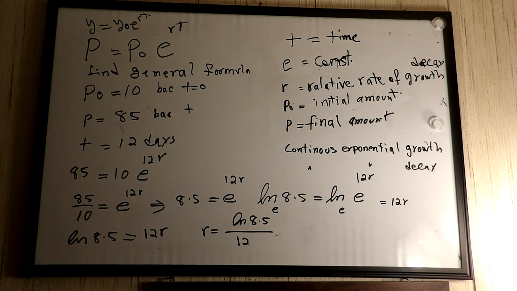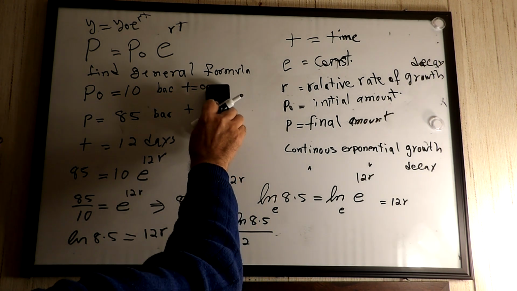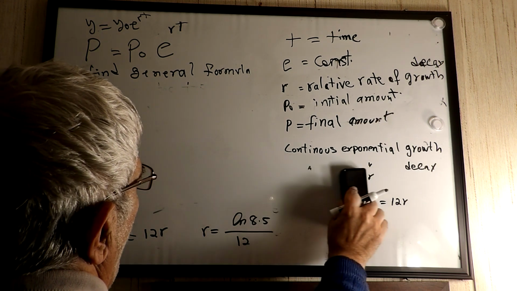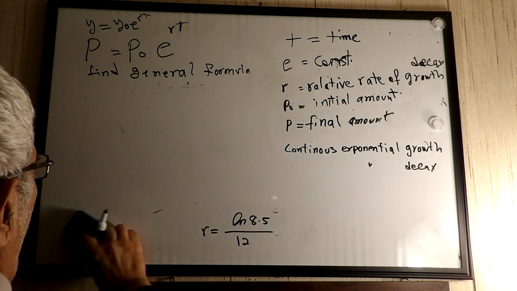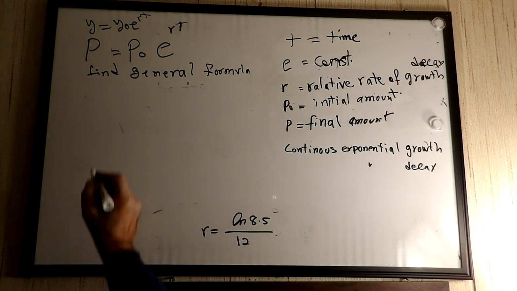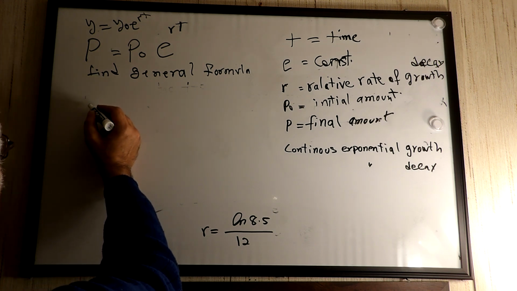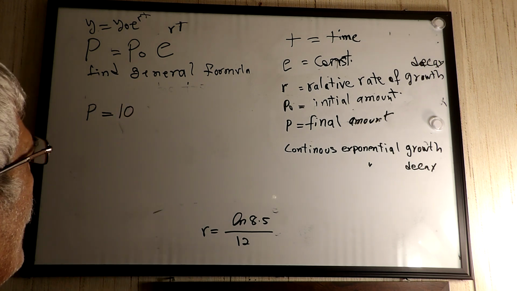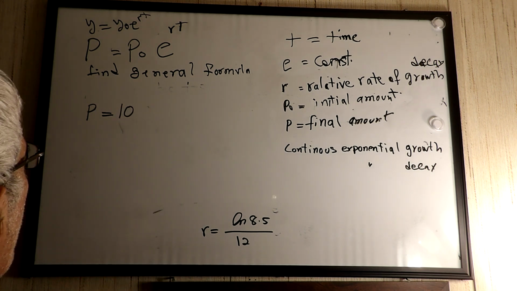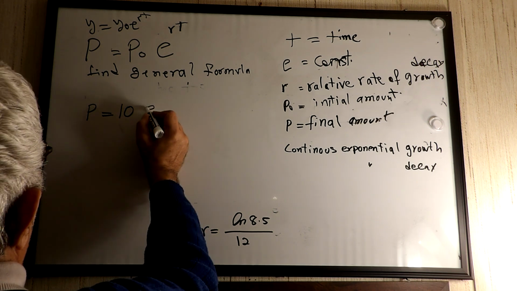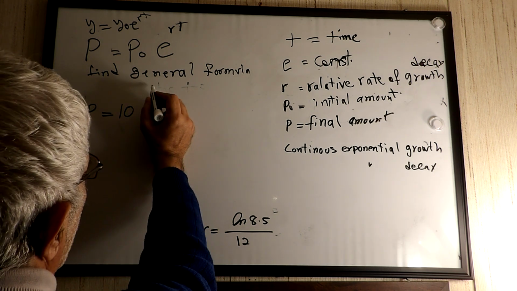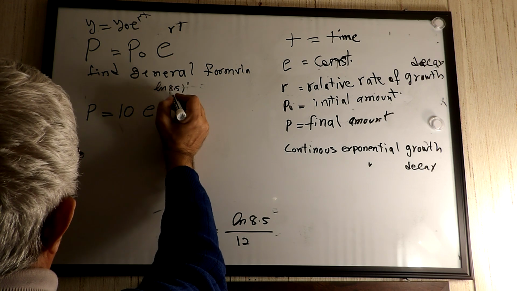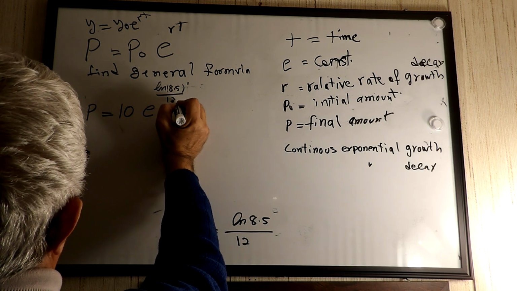The general formula is going to be P is equal to 10, the initial amount, the 10 bacteria we had, times e to the power of ln 8.5 divided by 12.